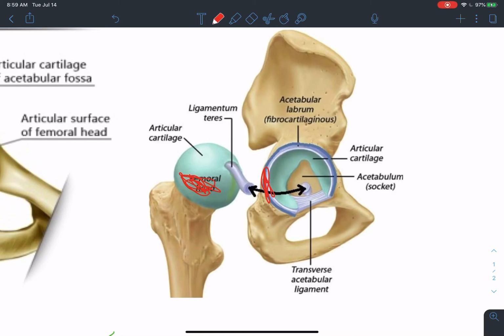In populations where there's a lot of squatting as part of their resting posture, more specifically some of your Eastern Asian countries where they squat a lot, they're more prone to get posterior impingements or posterior labral tears, more specifically posterior labral tears. But this just gives you an idea that when we look at these tests, you can have irritability that makes the specificity of the test go down.